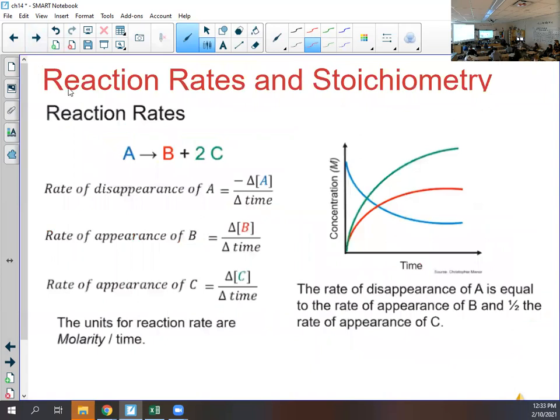So reaction rates and stoichiometry. If you've watched the AP videos, you have seen this. This is a really important concept. It's not that complicated, but it definitely is something you need to understand. So if you are given a rate, so let me come back over here first.